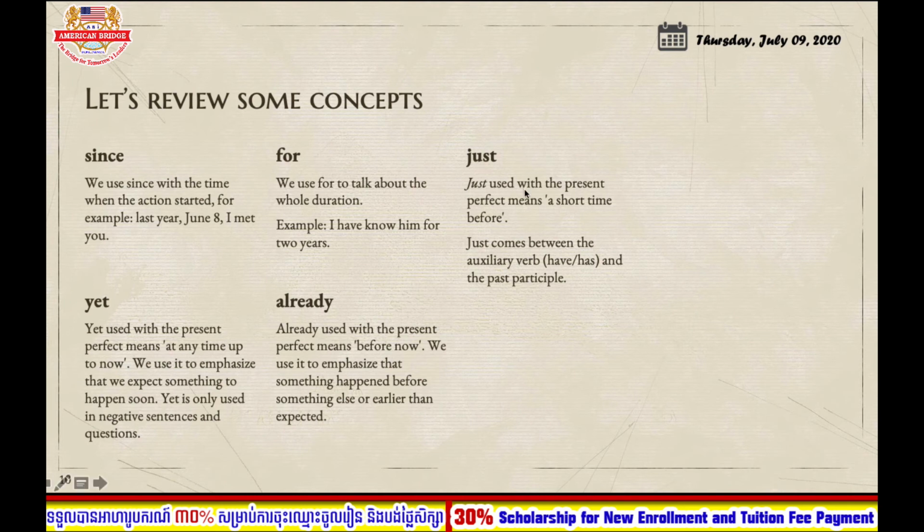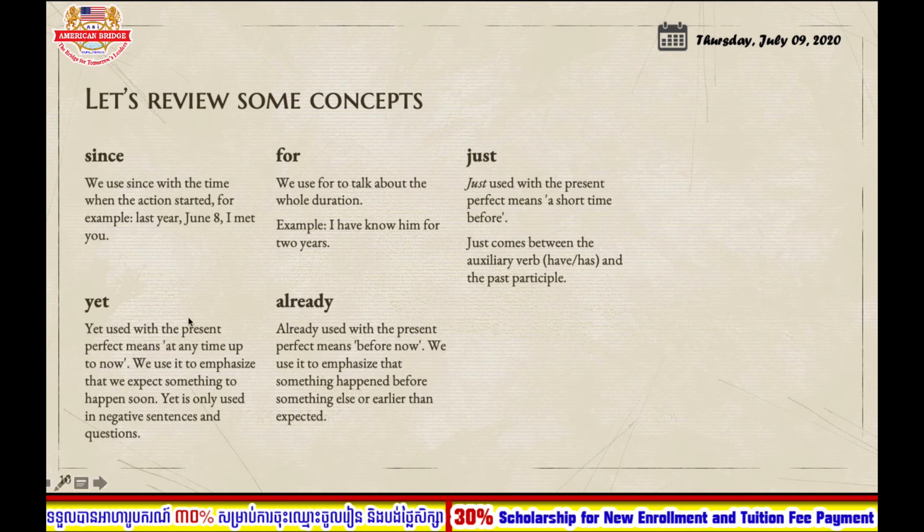So just used with the present perfect means a short time before, which is a recently past action. So just comes between the auxiliary verb have and the past participle. Let's say I just finished my work, which emphasizes that this action has recently finished.